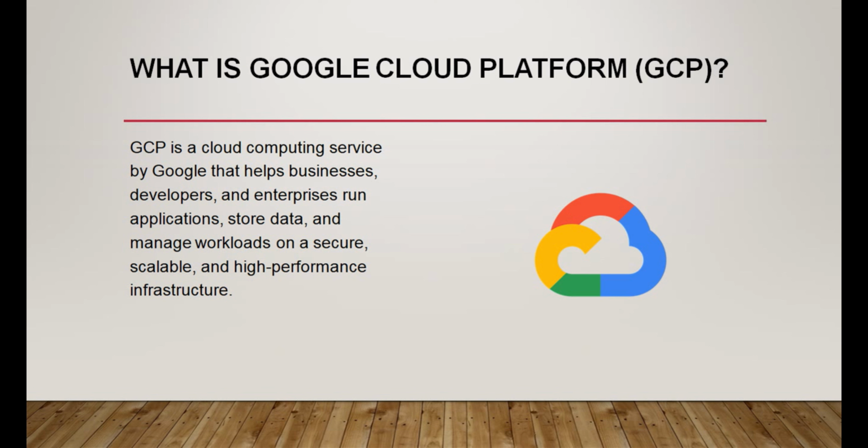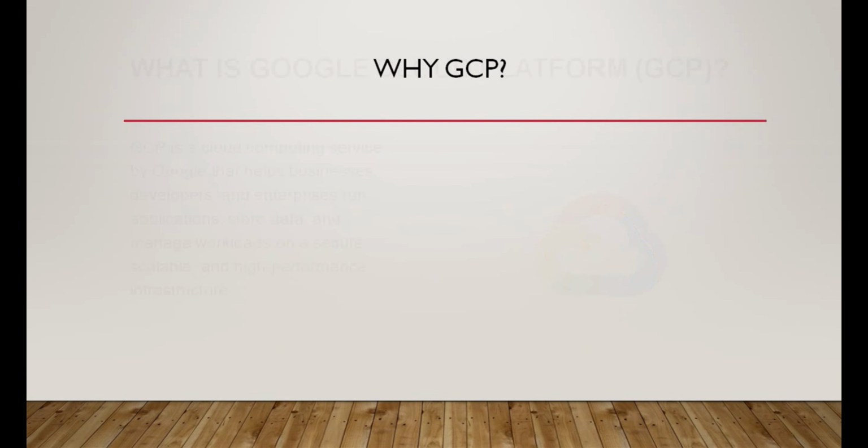Companies of all sizes use GCP to cut costs, improve performance, and scale their operations without worrying about server management. And you should know Google Cloud Storage is 20% cheaper than AWS.